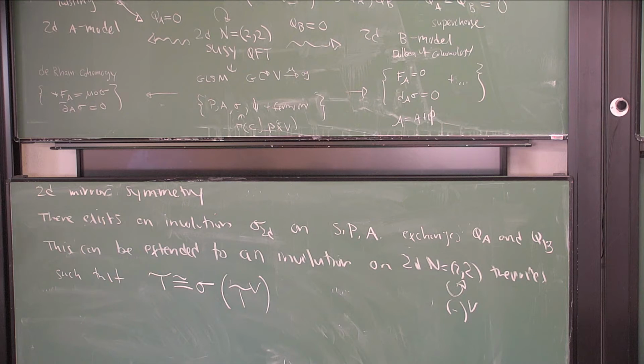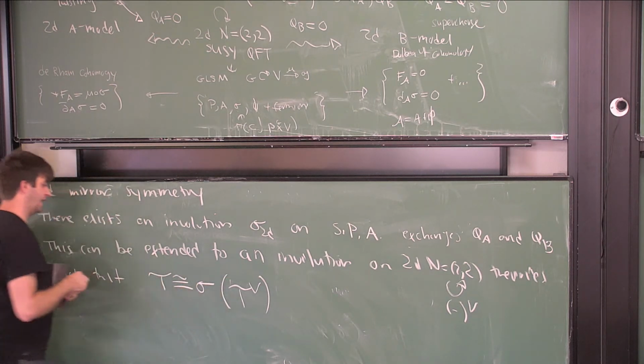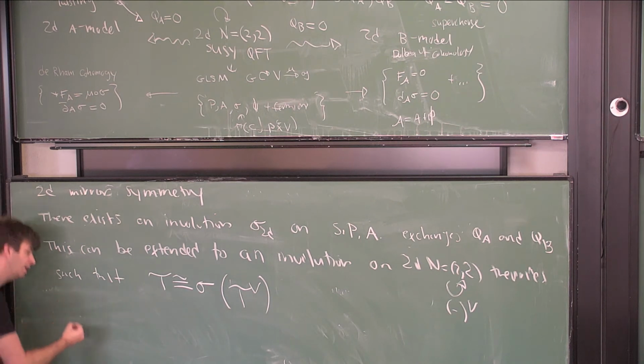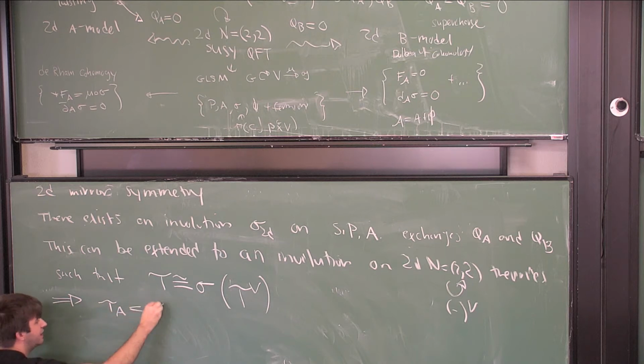So anytime you have an algebra acting on a module, and you have an involution of that algebra, you can make a new module just by twisting the action by the involution. And this is what I'm doing with these field theories and this supersymmetry action. And so this implies the following: if you take the A twist of your first theory, then that's isomorphic to the B twist of the dual, and vice versa.